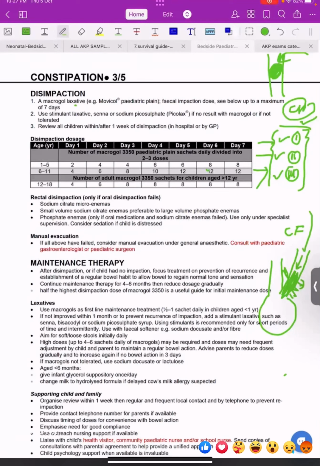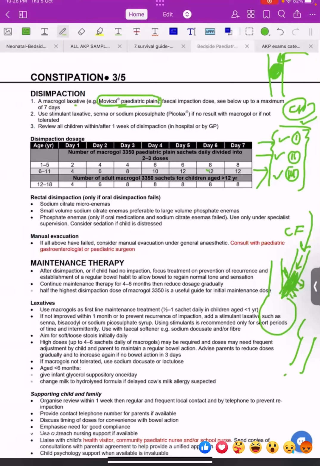Here we will disimpact it even if it is present in the ileocecal region, a very high region, or anywhere down to the last part of the rectum. My first choice should be the Movicol sachet.